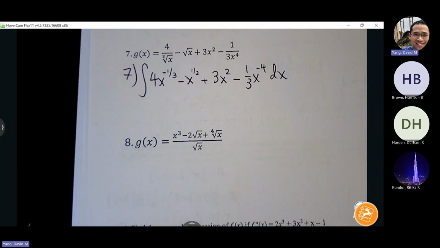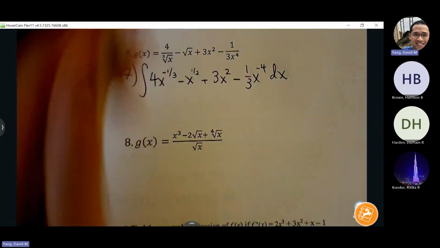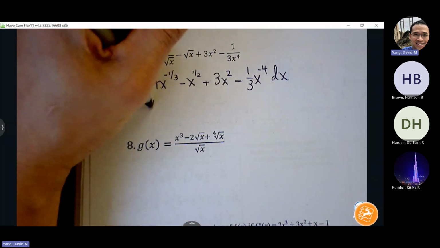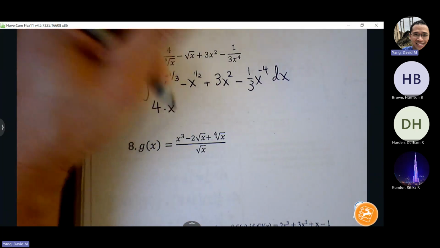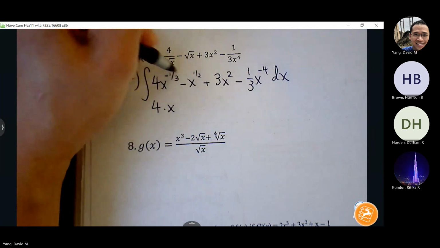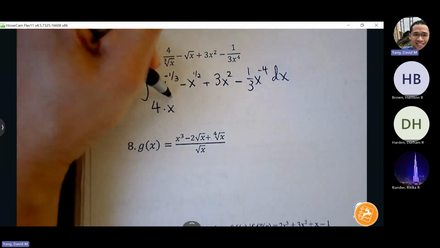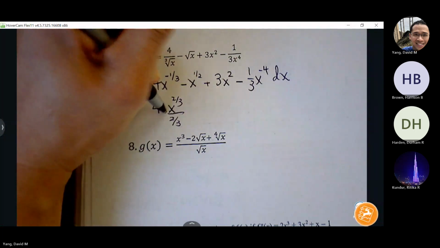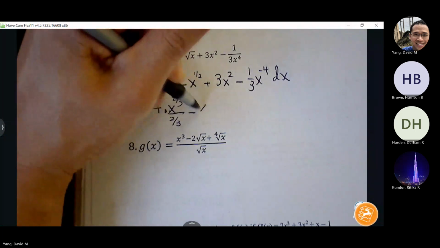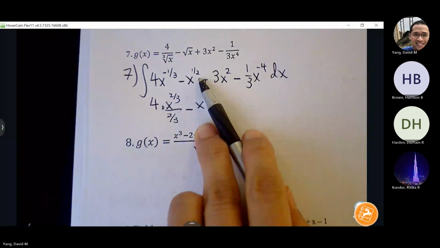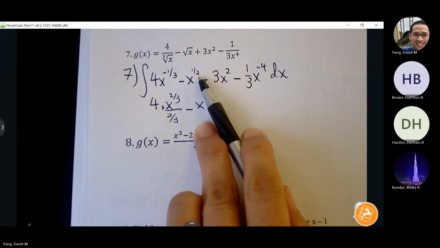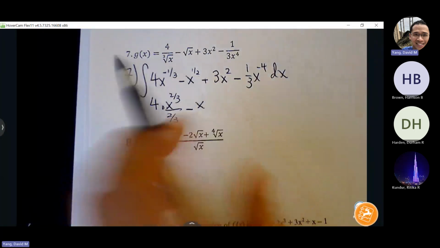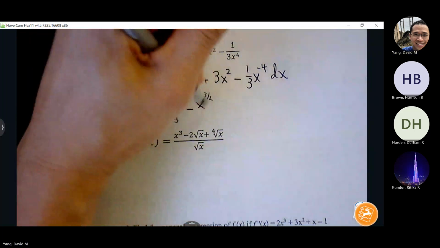Okay, so now we can do power rule, right? So add 1 to the exponent. X to the negative 1/3 becomes x to the 2/3, over 2/3. Then x to the 3 halves, over 3 halves.